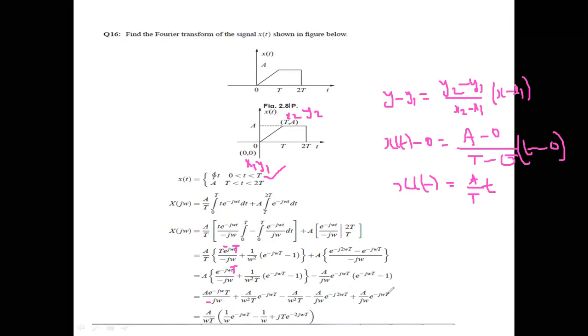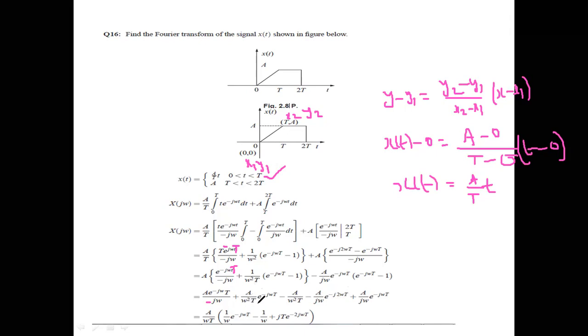Simplify this again. A by omega t, because the 1 will get cancelled. A by j omega, and here also the A by j omega is there. It is e power minus j omega t, and here the e power minus j 2 omega t.